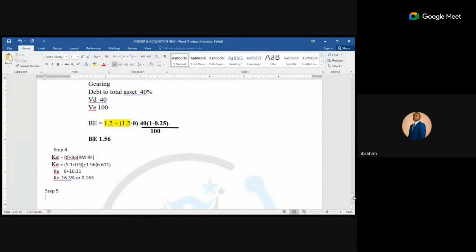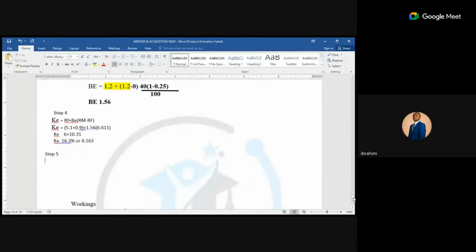Therefore, when you want to discount, you have to use weighted average cost of capital to discount. And don't forget to discount the free cash flow to the firm. And don't forget, the question says the value of shares. Is that not so? Okay.